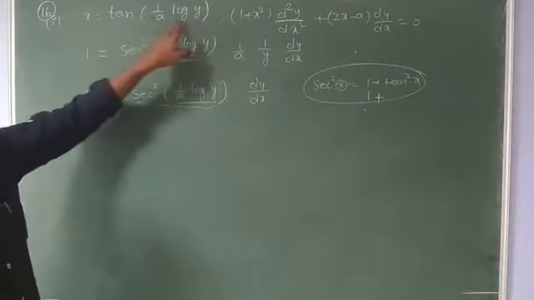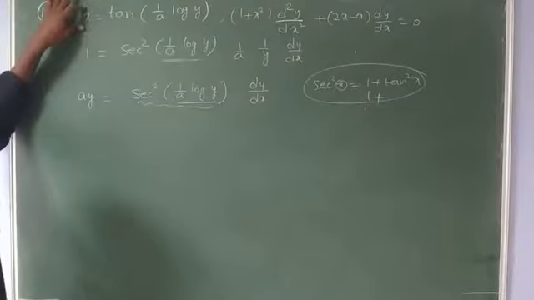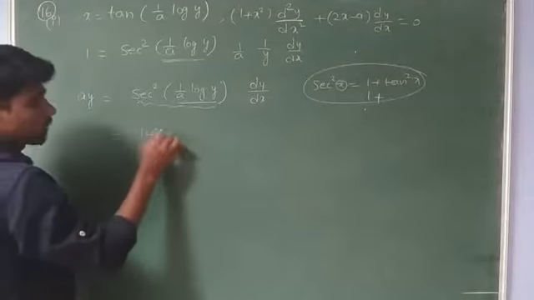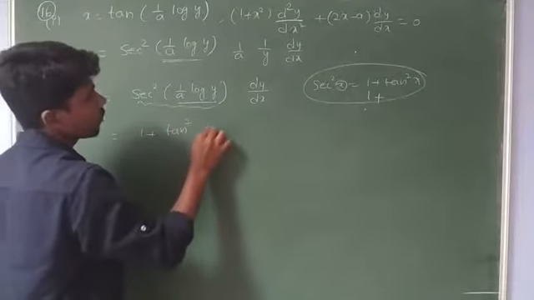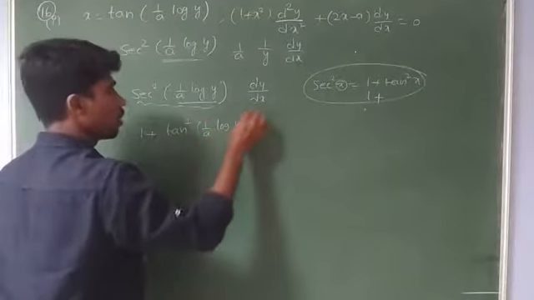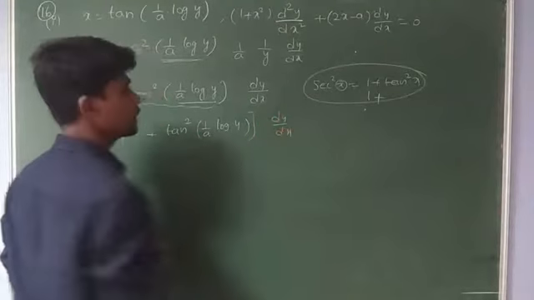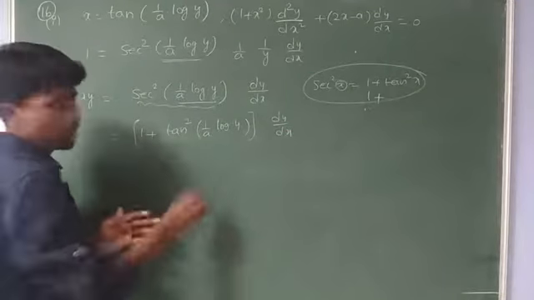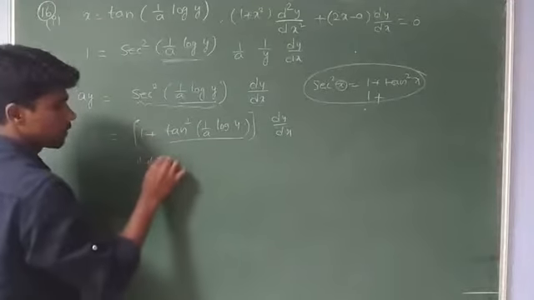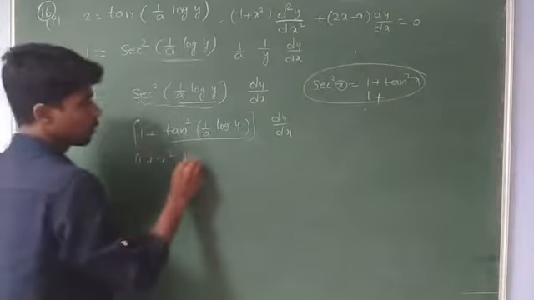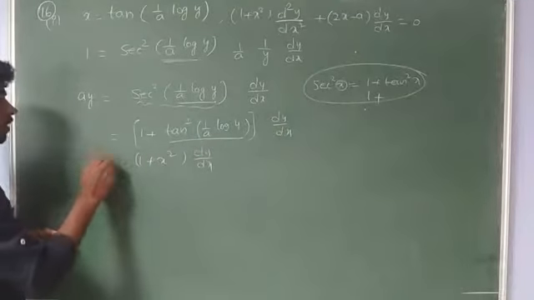But tan 1 by a into log y is nothing but equal to x. So what we get here? 1 plus tan square 1 by a into log y into dy by dx can be replaced as 1 plus x square into dy by dx, which is equal to a.